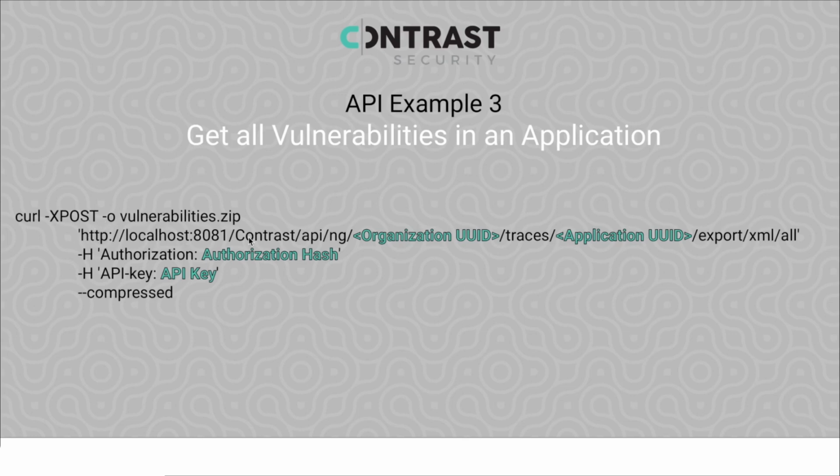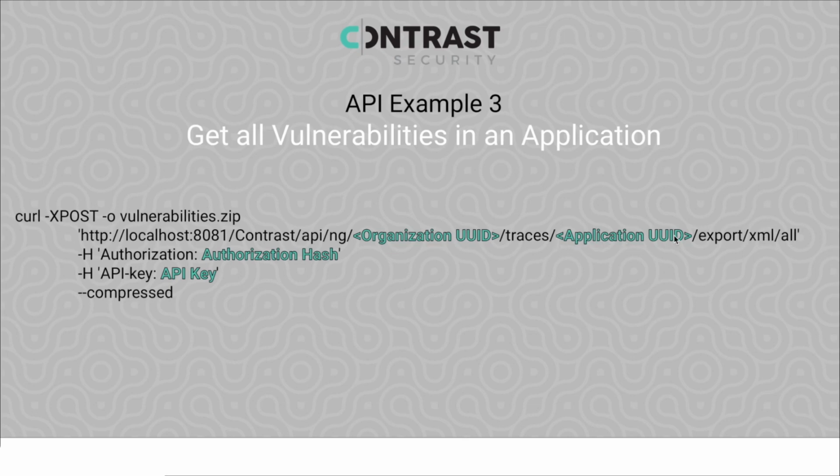Next, we have our URL, which is, again, just a normal URL, api-ng. Here we have our organization UUID, traces, application UUID, export XML all. This is again taken from the API docs page, and I'll show you that in a second. One new field here is the application UUID.